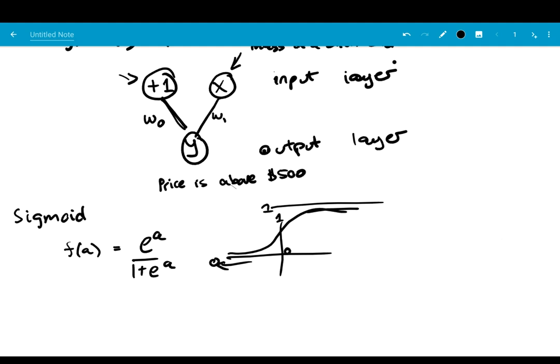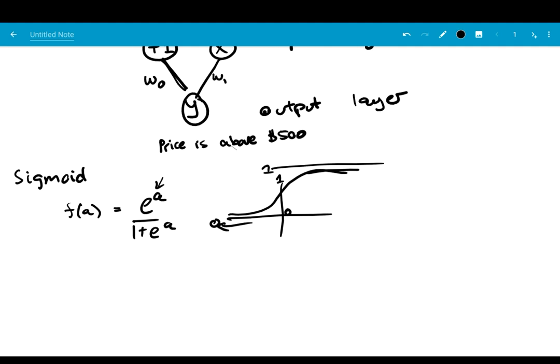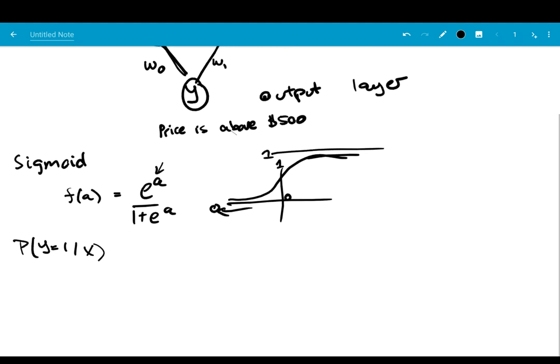What's nice about our sigmoid function is it converts a, which might be a number that could be extremely large or extremely small, into a number that's between 0 and 1. So what we're thinking is that we are modeling, say, the probability that our outcome is 1 given our regressor. And our model for that is that we're going to take these linear weights and add them together, take the result, apply the sigmoid function to it, and that will be our predicted value.